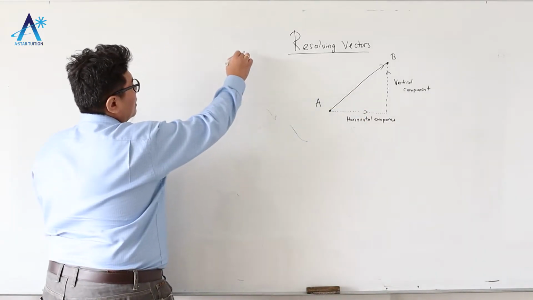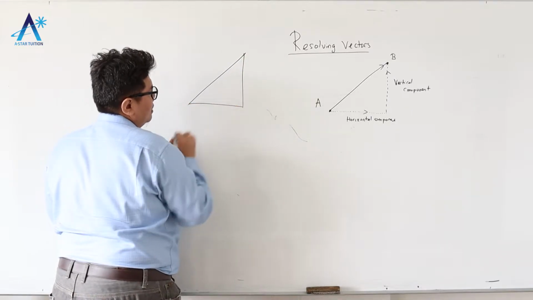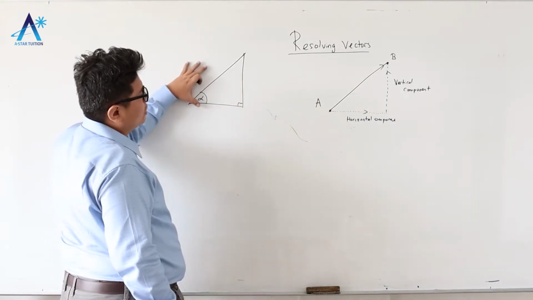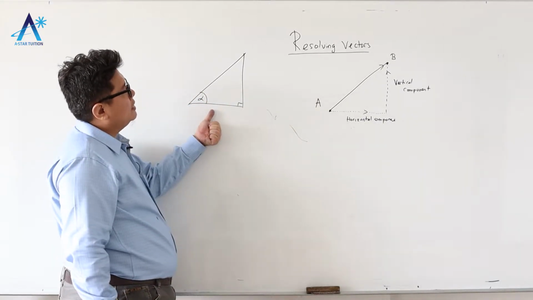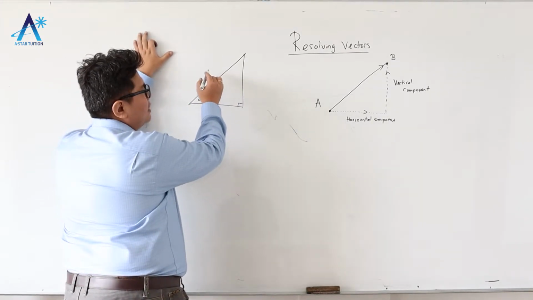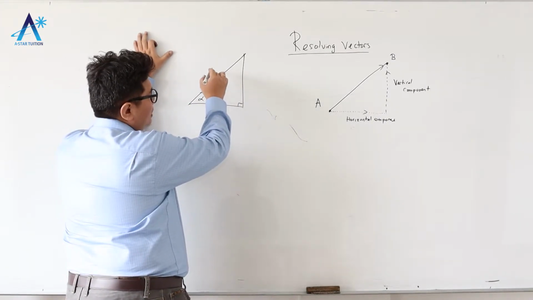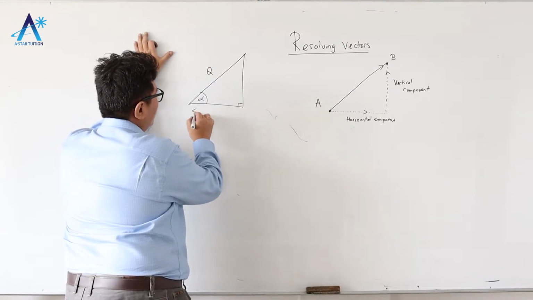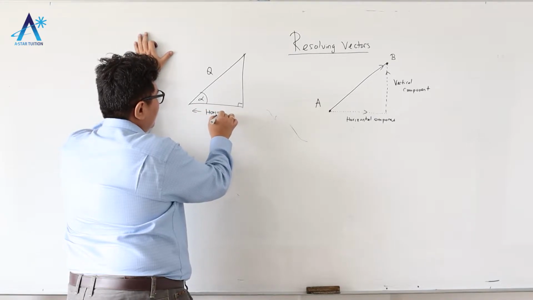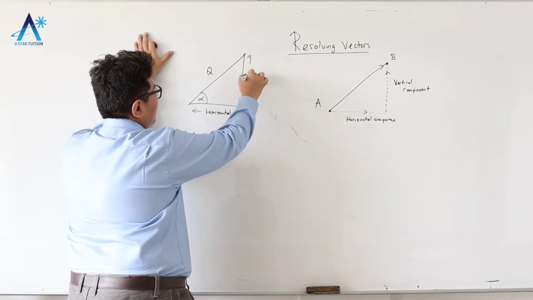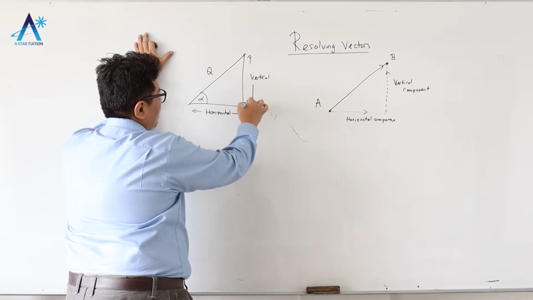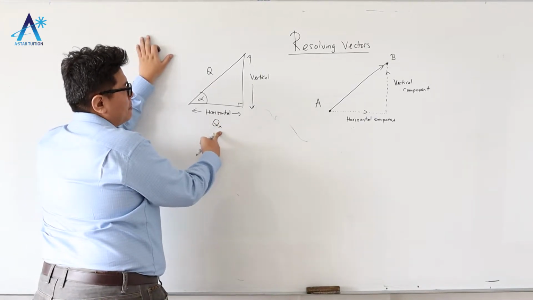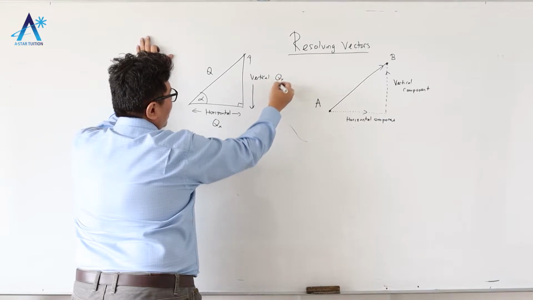Now, if you remember, if you have a right angle triangle, and there's an angle alpha between the adjacent side and the hypotenuse, let's say this is the quantity Q. Now Q has a horizontal component as well as a vertical component. The magnitude of the horizontal component we call Q sub x, and the vertical component is Q sub y.